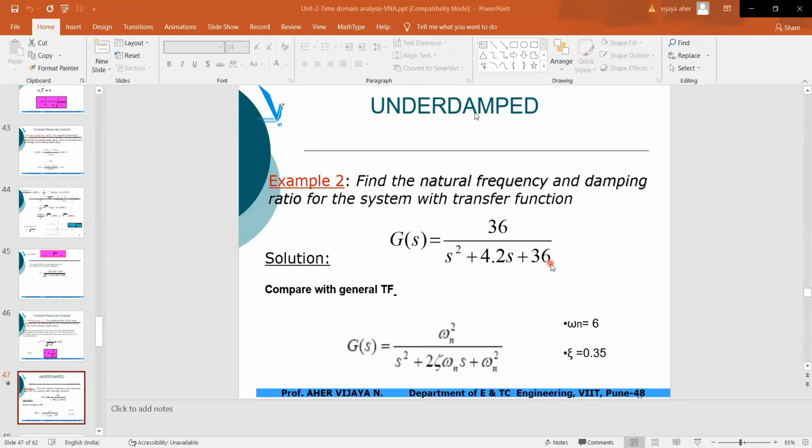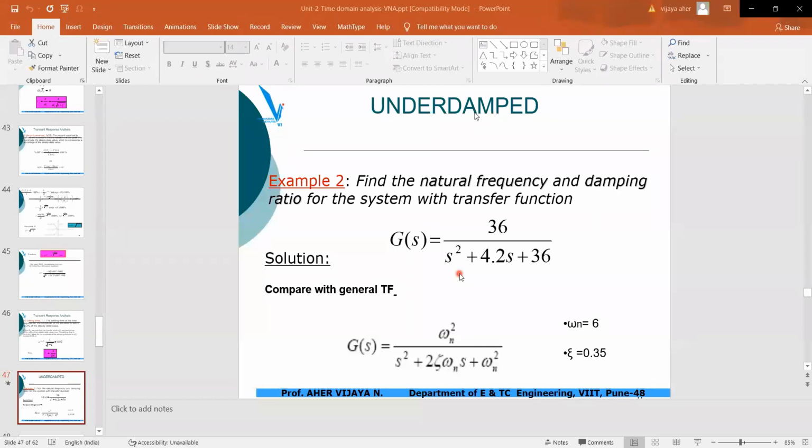You have written the equation. Now what is the first step? Observe the equation carefully. This is the equation for the transfer function of a second order system. Now we are going to compare this equation with the standard equation of second order system.